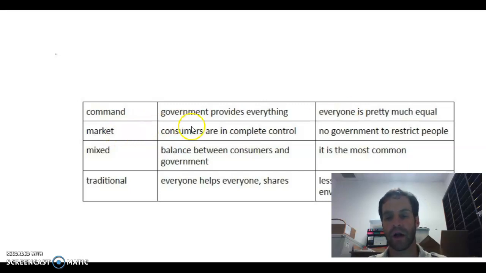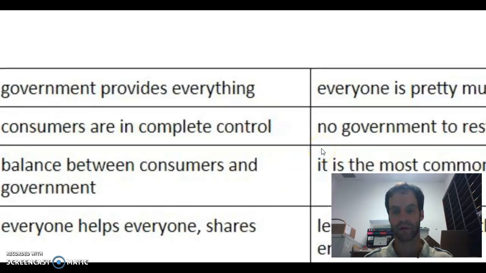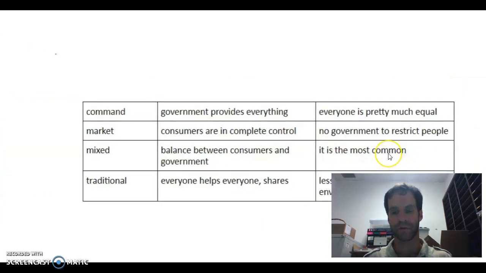So in the market economy, the consumers are in complete control, and the government can't restrict people and tell people what to do. Maybe you think that's the best system. Or mixed economy, balance between consumers and the government, so they both have a say in what's best for the country. Also, the mixed economy is the most common. So something must be right there if it's the most common.